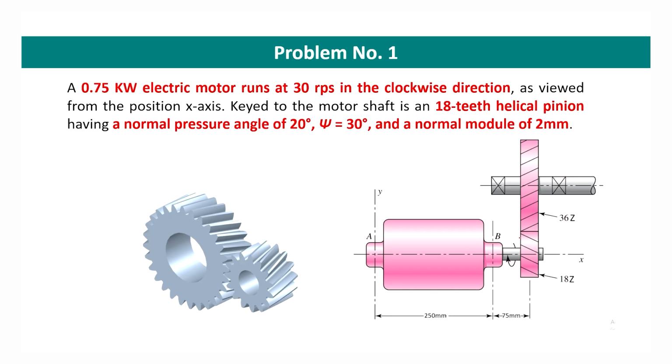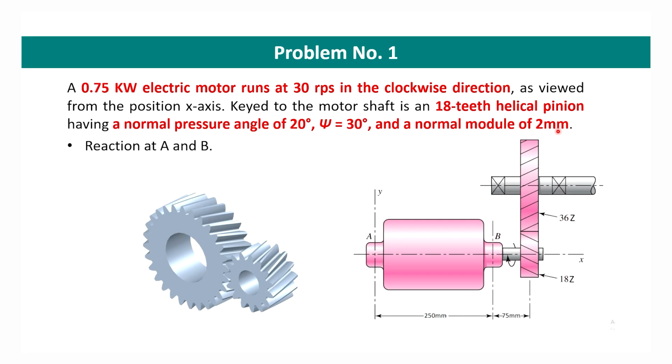To this motor, the helical pinion is keyed, and it has number of teeth equal to 18, and the normal pressure angle is 20 degree and the helix angle is 30 degree and a normal module of 2 mm.